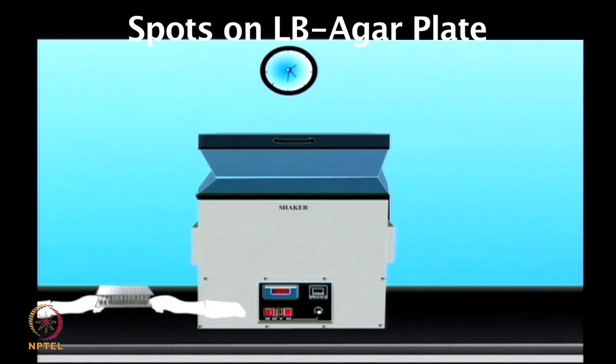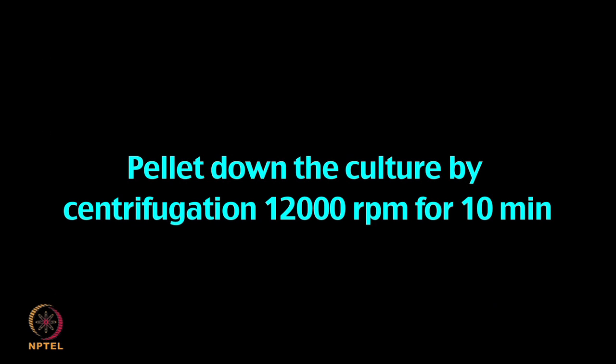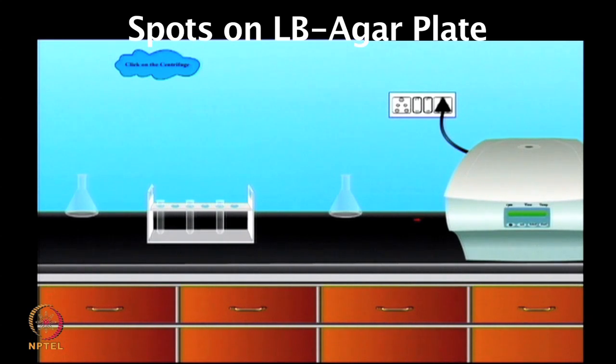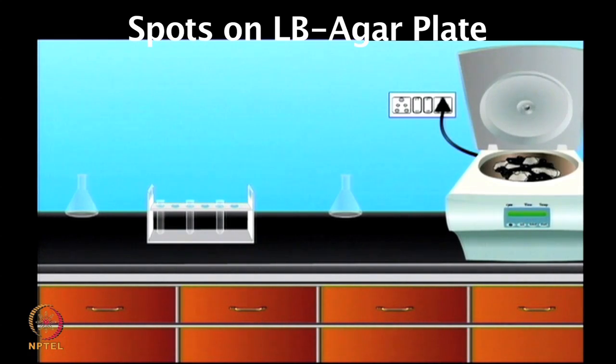After the bacteria have completely grown in these blocks, for overnight or 10 to 12 hours of incubation, we need to pellet down these blocks. So, you can centrifuge these blocks for 15 minutes at 2000 to 2500 rpm. While doing centrifugation, ensure that the centrifuge is balanced.